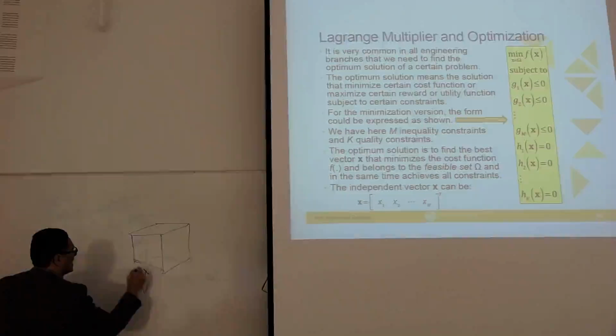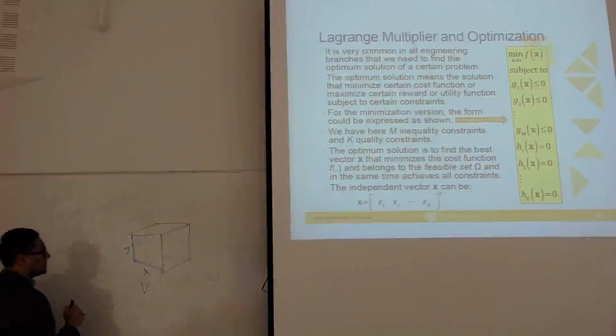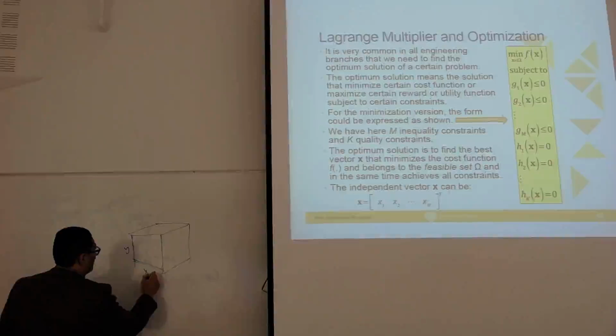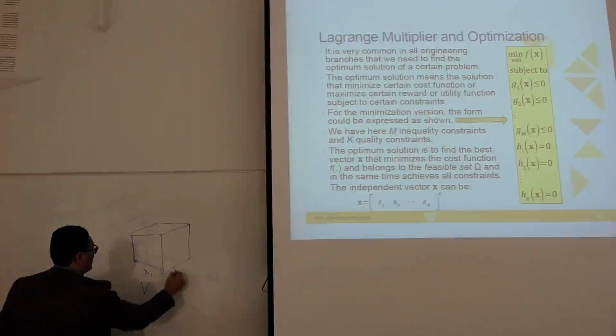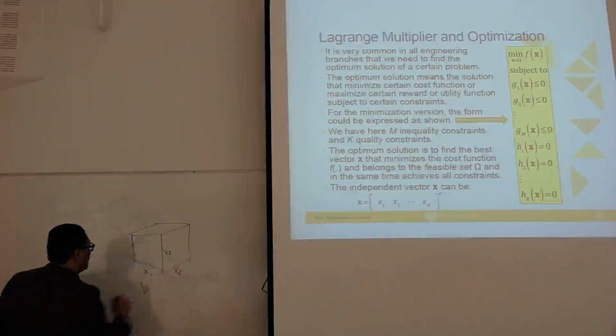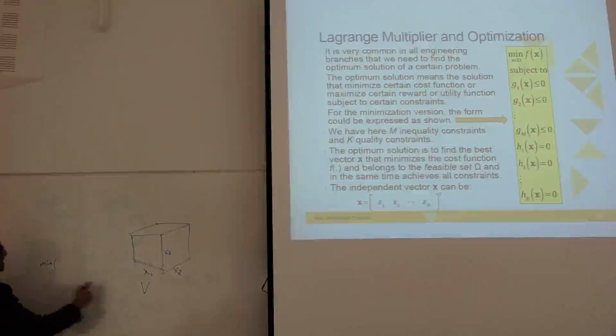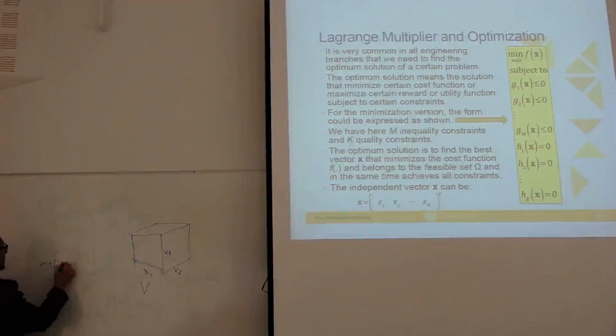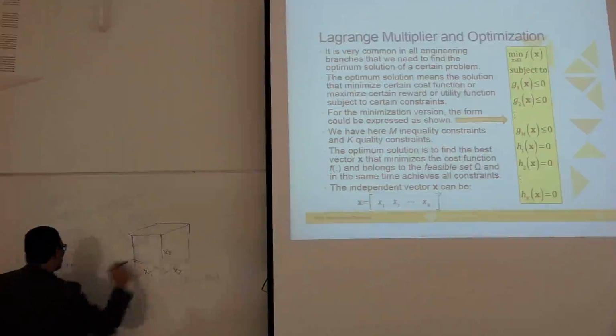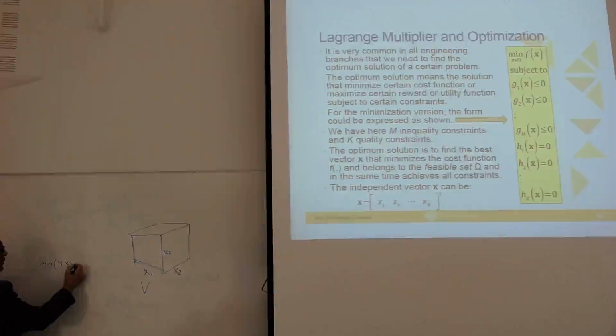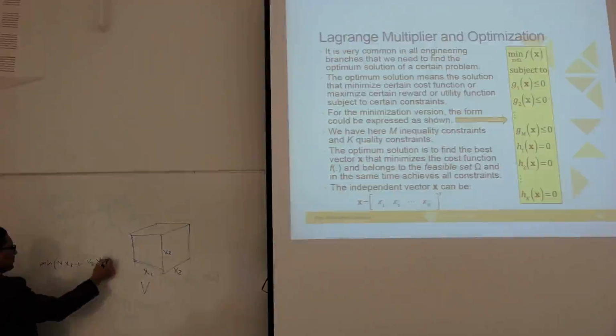Let's say this is x and y, and let's say this is x1, x2, x3. If you want to minimize the area here, it is x1 times x3, and then of course it will be 1 here and 1 from the other side, so it is multiplied by 2, but we can ignore this, and also plus x2 times x3.